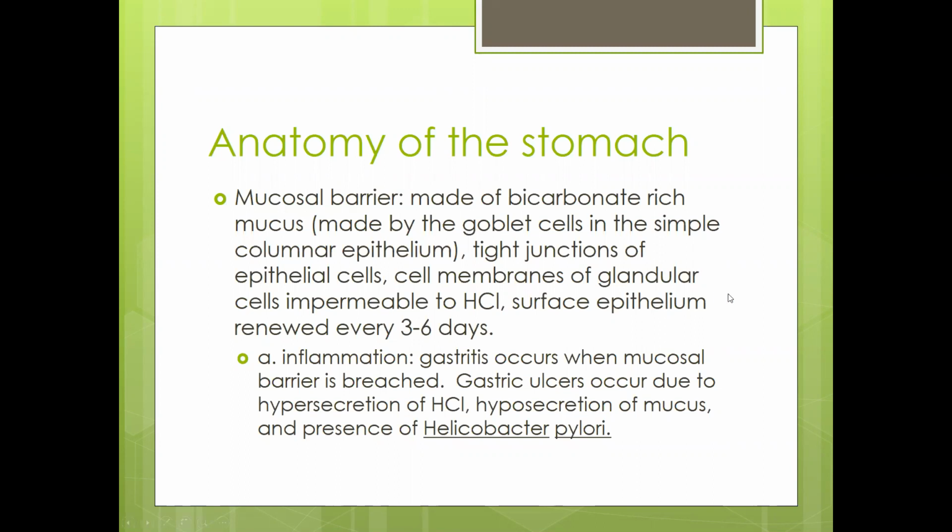And because it's epithelium, the surface epithelium typically renews itself every 3 to 6 days. So there's constant turnover. So as long as you don't have some other issues along with your stomach, you should be fine. You shouldn't have to worry about any inflammation or any ulcers or anything like that.